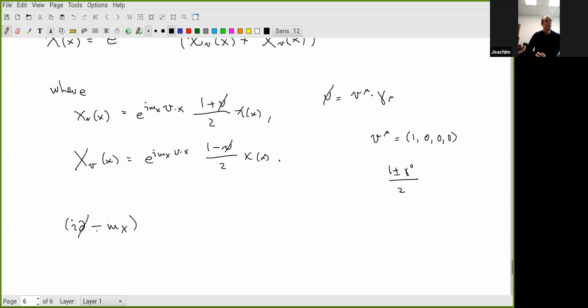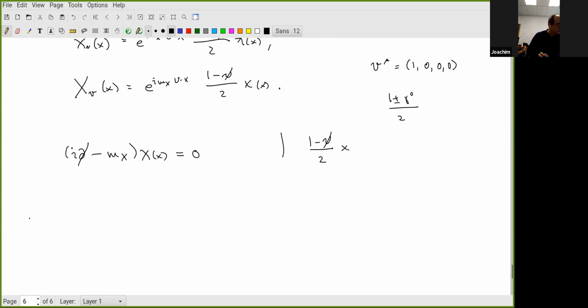The Dirac equation for this field is just (i d slash minus m_chi) acting on chi of x equals 0. That's just the Dirac equation. And what we do is we multiply this from the left with the projector (1 minus v slash)/2. So we get (1 minus v slash)/2 times (i d slash minus m_chi) acting on chi equals 0.